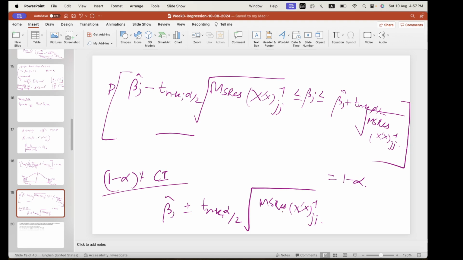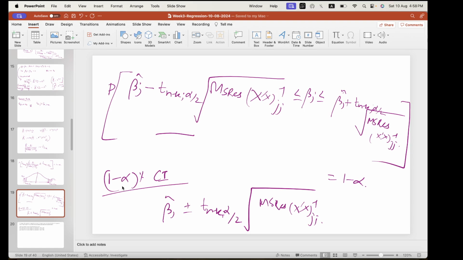And apart from this, we also learnt the confidence interval of mean response at a particular point. So what does that mean? It means that given x, what can be an estimate of the expected value of y.